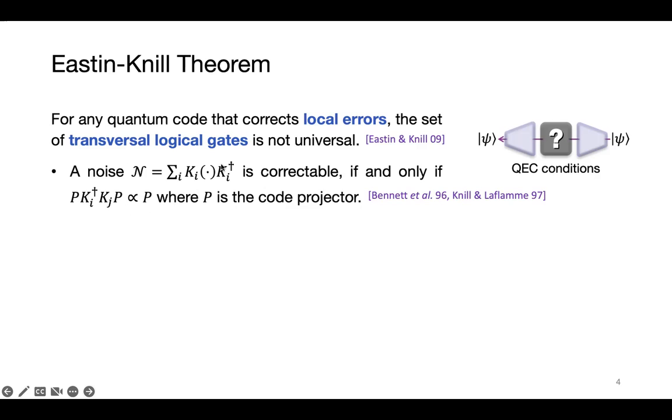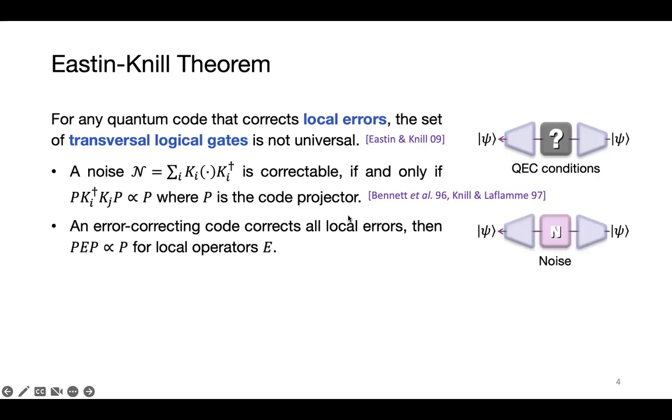Ki here is basically the Kraus operator of the noise channel, and i indicates the index for different types of noise. From this quantum error correction condition, we can see that if an error correcting code can correct local errors, then any local operator E must also act trivially in the code subspace.